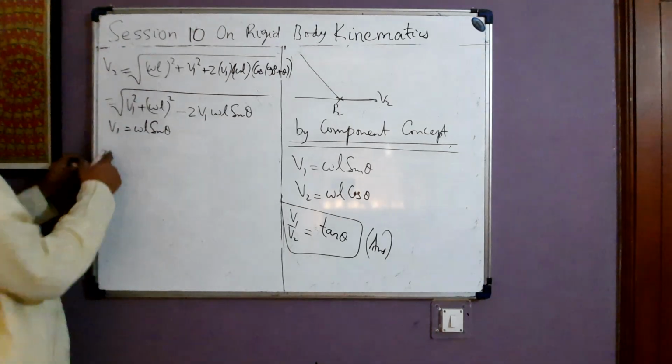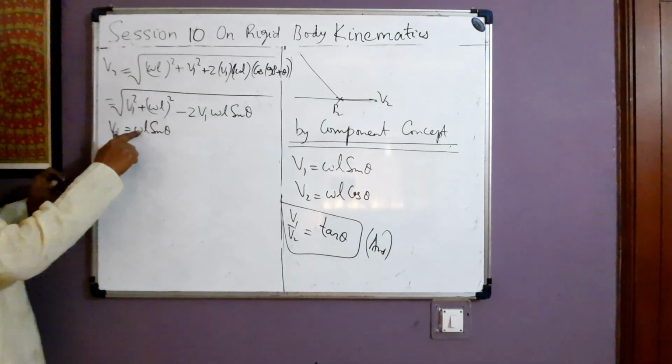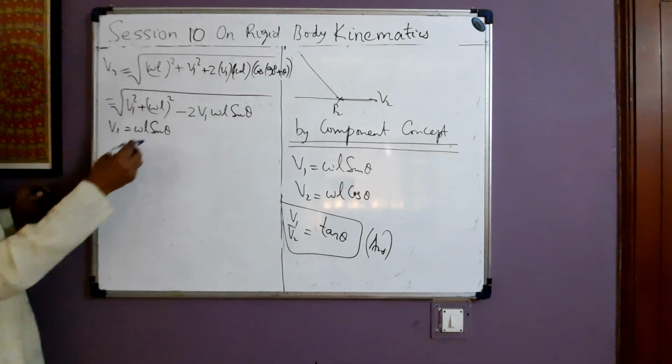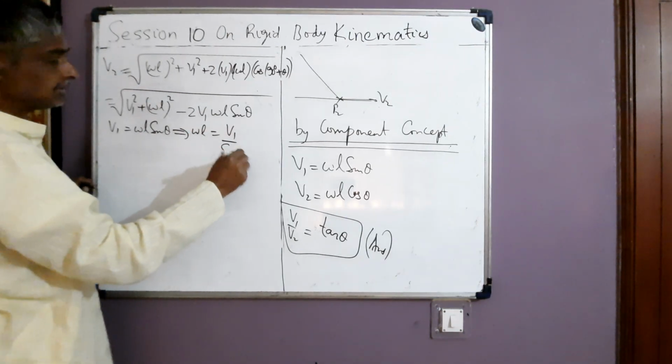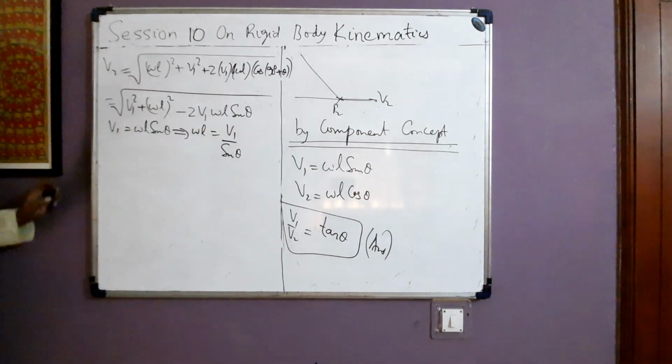We have to find the relation between V1 and V2, so we remove omega L. Omega L becomes V1 by sin theta. Now substitute omega L here.